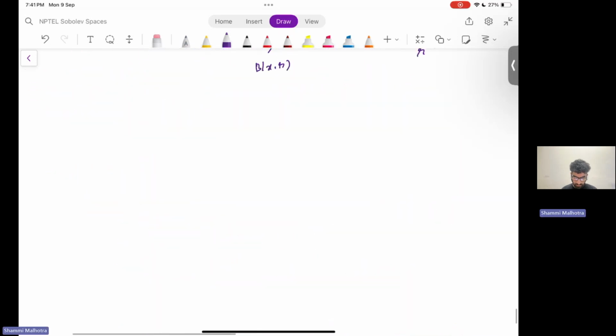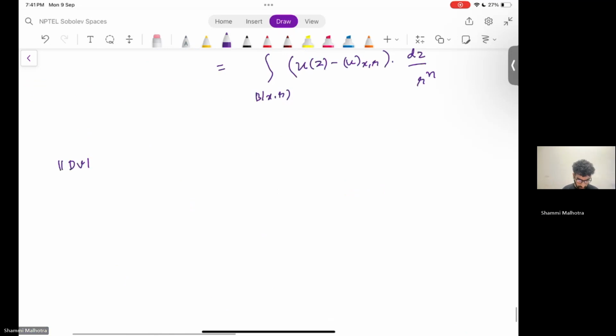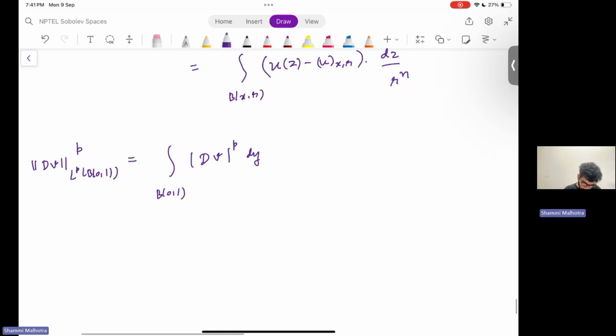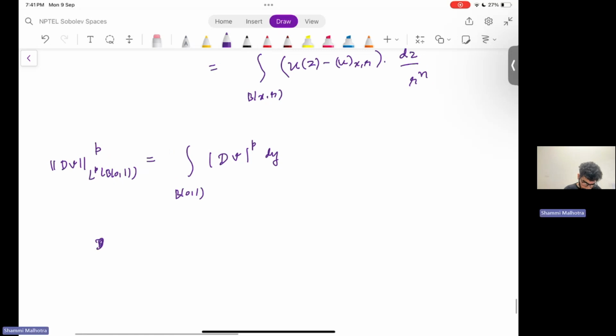And finally, we have to consider the L^p norm of Dv on B(0,1), to the power p. This will be the integration over B(0,1) of |Dv|^p dy. What is my v? v(y) is u(x plus ry).